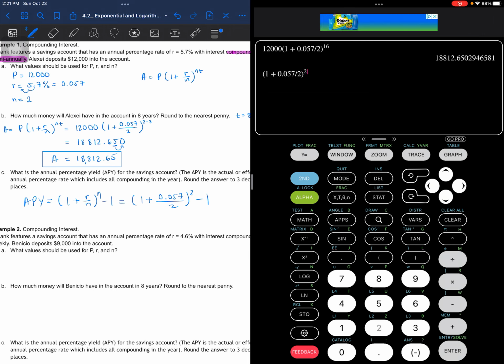So we'll type that in: parentheses 1 plus 0.057 all over 2, close parentheses, raised to the second power, and then I have to move it to the right. Click my space to the right. That way I can see that it's level with the other numbers, and then minus 1.